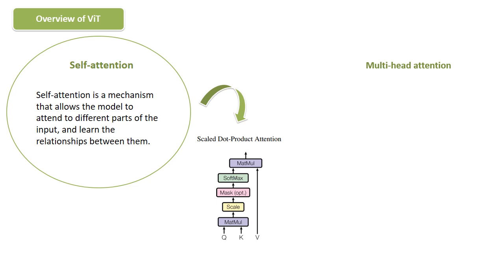So self-attention involves three key components: queries, keys, and values. For each token in the sequence, self-attention calculates its representation by attending to other tokens in the sequence based on their relevance or importance.